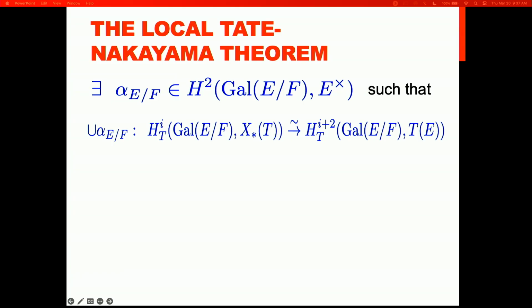And what they proved was that if you take the cup product in Tate cohomology with the fundamental class, that gives you a map from Tate cohomology in degree i, with coefficients in the co-character lattice, to Tate cohomology in degree i plus 2 of the Galois group, with coefficients in the co-character group tensor over Z with the multiplicative group of the field, but that's nothing else than the E points of the torus.